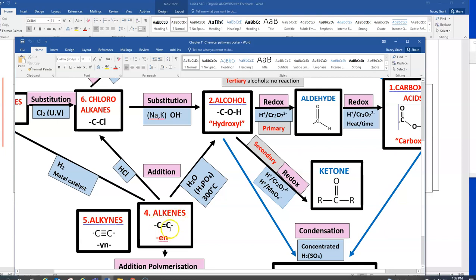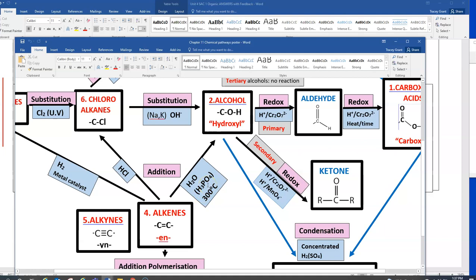So we can react our ethene with water. Water is fairly weak at reacting and breaking these double bonds. The electrons here aren't really that attracted to the water molecule, so it needs a bit of energy to help break these bonds to overcome the activation energy, so you need to heat it, and you also need a catalyst.